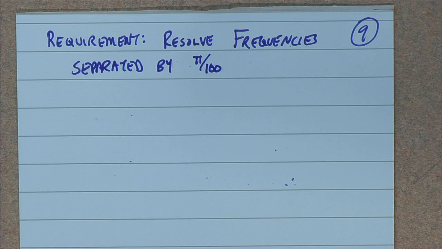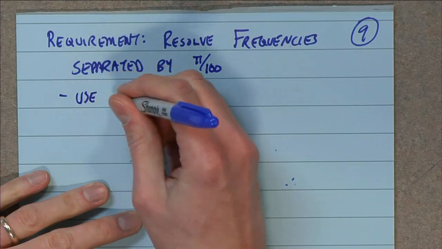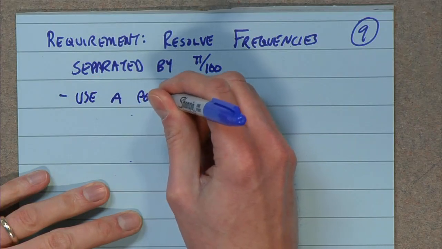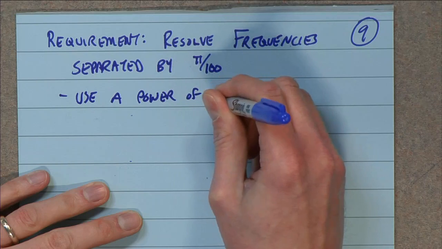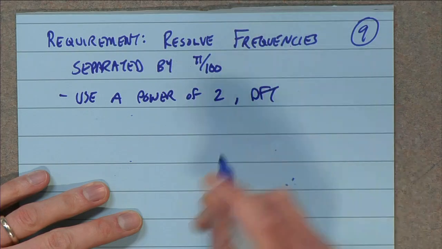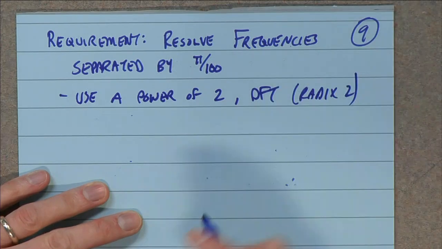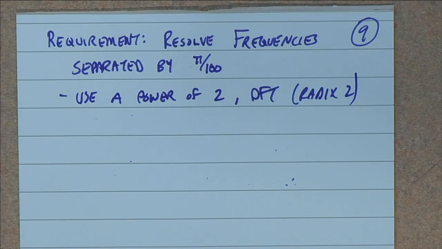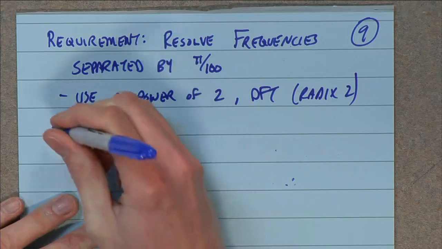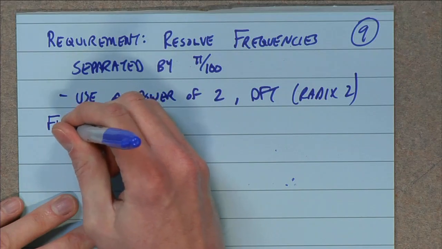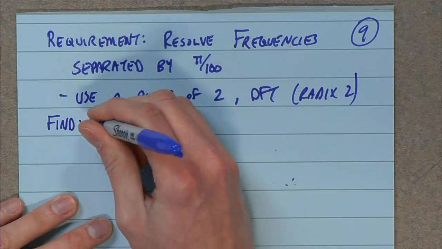So it needs to be able to resolve frequencies that are fairly closely spaced. And we need to use a power of 2 DFT, or radix 2 DFT. So those are our requirements. That's the type of system we have. So what are we trying to find? We're trying to find what is the minimum window length.